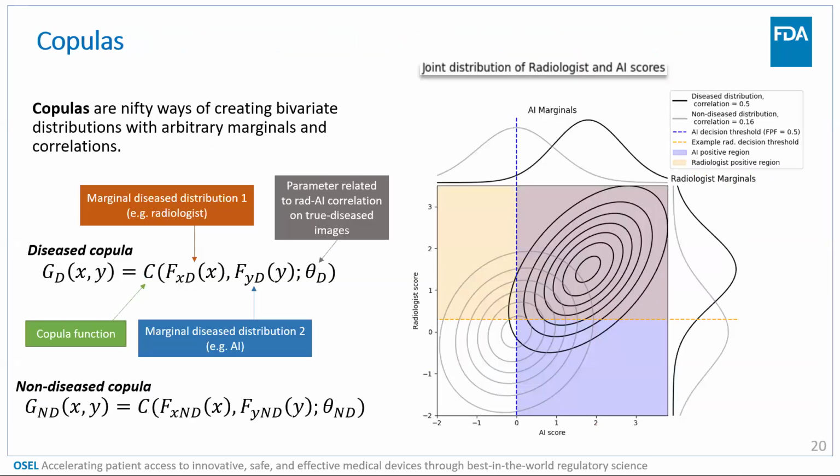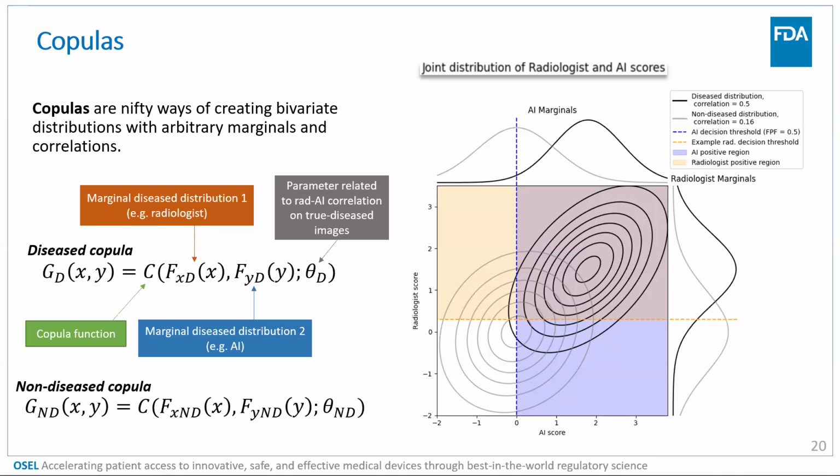And the way that we have been doing this modeling is with bivariate copulas, which are essentially ways of creating bivariate distributions with arbitrary marginals and correlations.